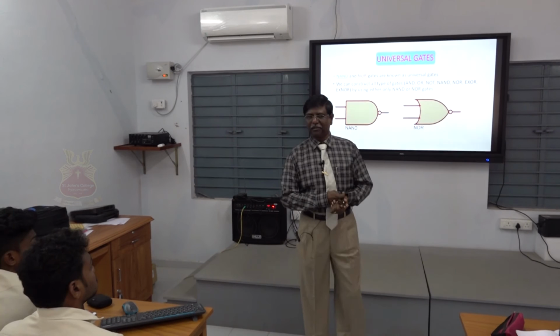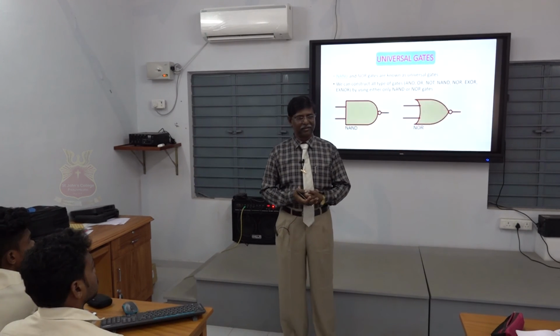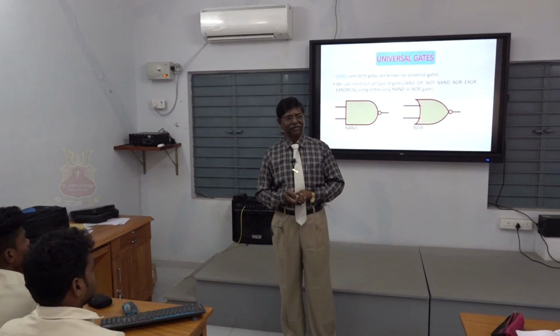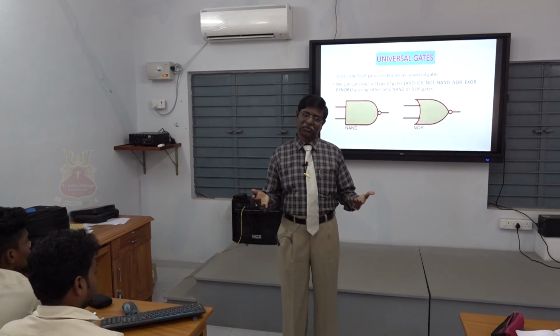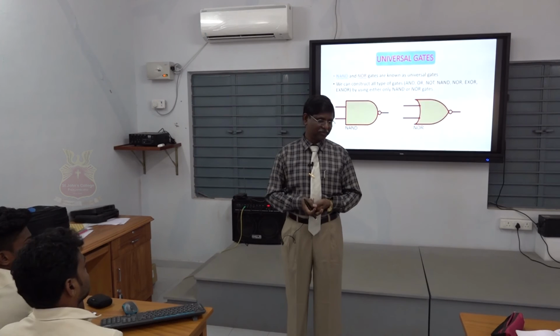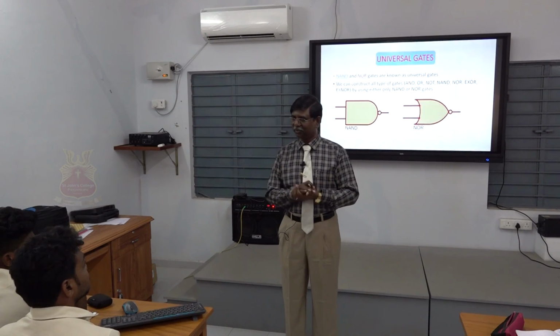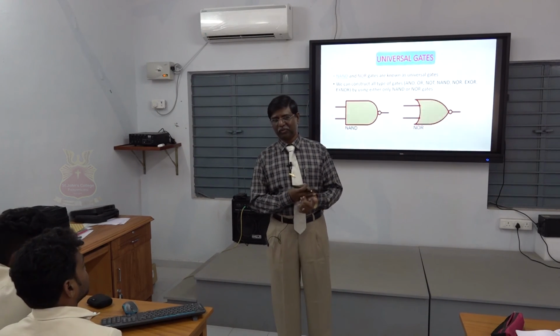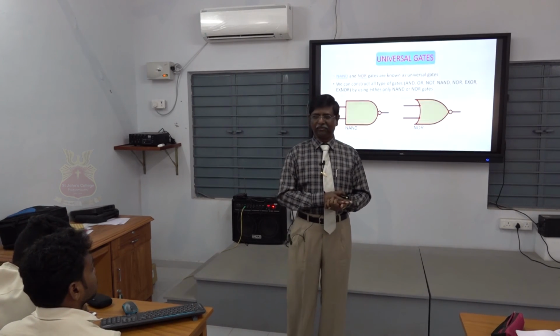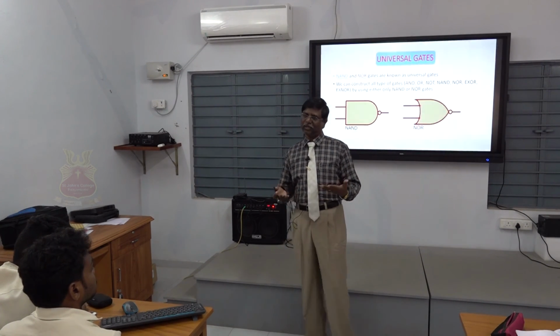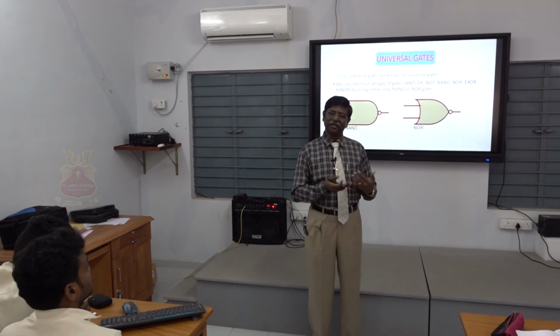What is a half adder? It's an arithmetic adder which gets two inputs and produces two outputs. So A and B, only two inputs are fed to the half adder, and the outputs are known as sum and carry. For producing sum and carry, we use only an XOR gate and AND gate.